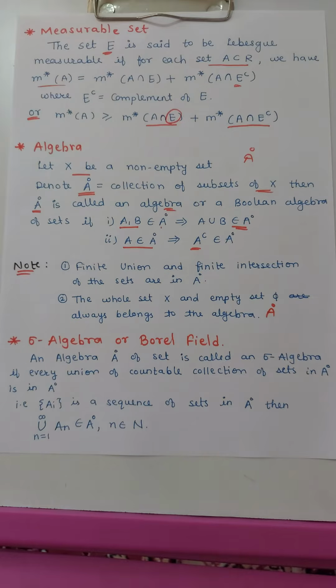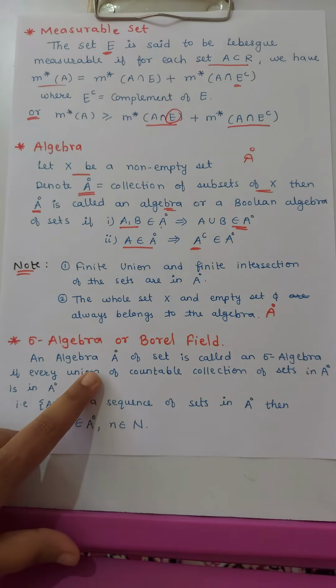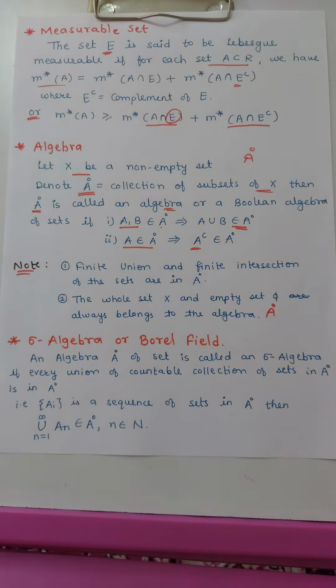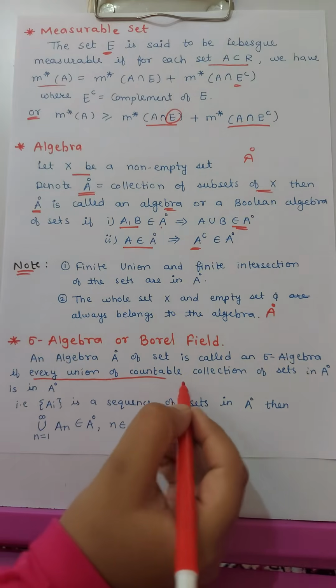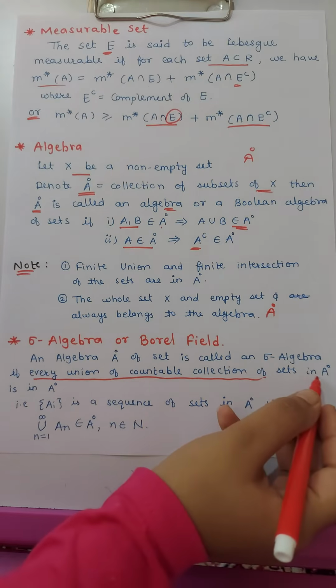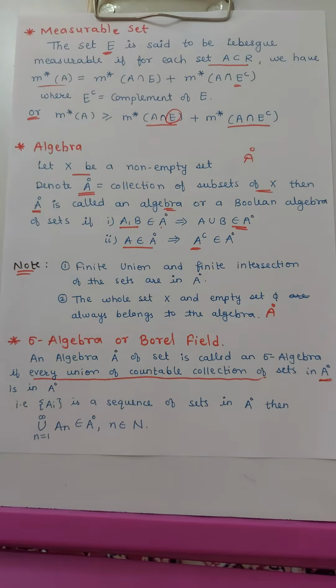sigma algebra, also called a Borel field. Then what is a sigma algebra? An algebra A dot of sets is called a sigma algebra if every union of a countable collection of sets in the algebra is in that algebra.